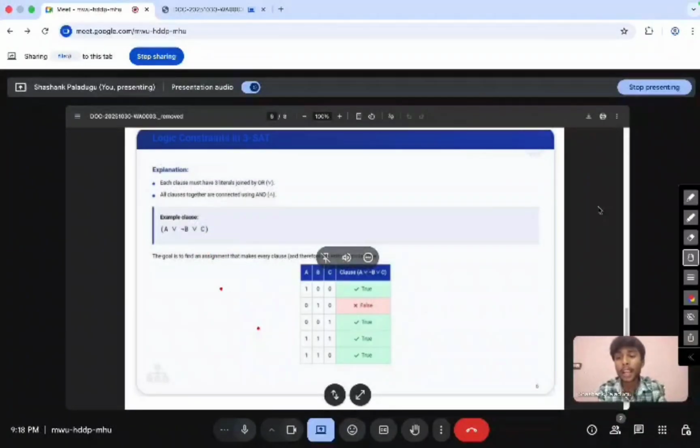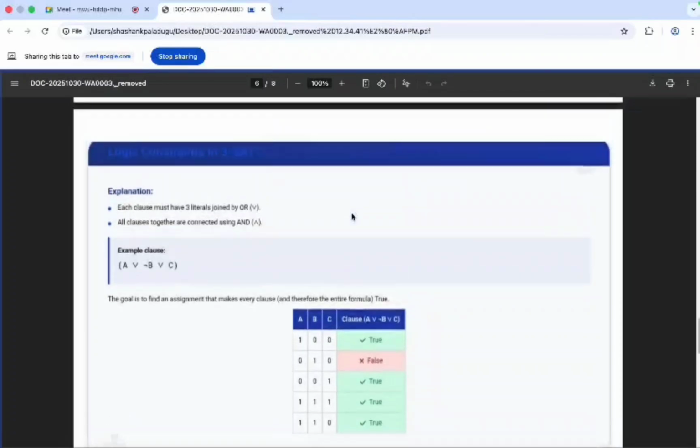A or not B or C. I'm solving this example clause which is there in the PPT. You can see here A is equal to false, not B is equal to not 1, which is equal to 0, which gives us the answer of false. C is equal to false. Everything is false, then the clause becomes false. This clause is false. Getting that? This is the simple problem, simple example. Now let's see our last slide.